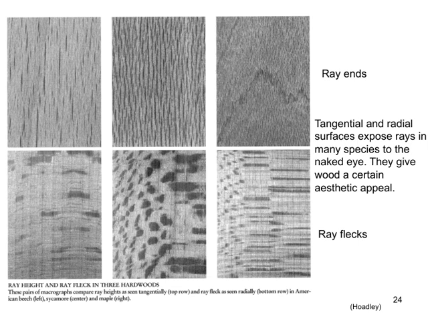Ray flecks appear as small, contrasting spots or streaks, while ray ends are the tips of the rays that can be seen when the wood is cut in a certain way. These features are especially important for identifying species and understanding the visual qualities of the wood. Overall, these rays and their exposure play a significant role in how we perceive and appreciate different types of wood, tying into the larger theme of wood's natural beauty and structural features.